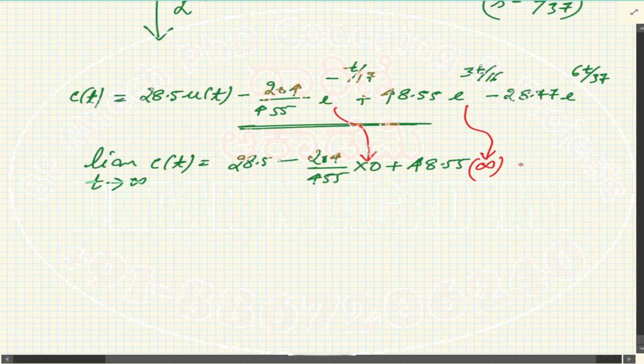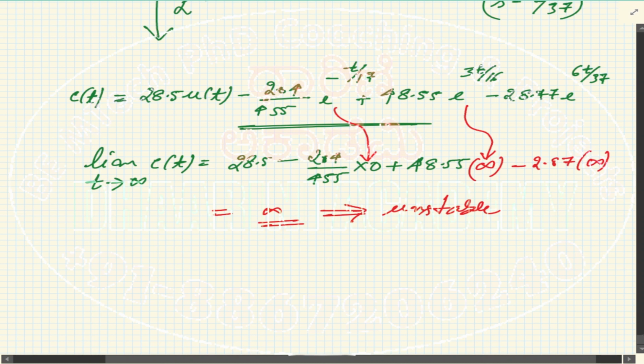It's infinity, right? Minus once again 2 point something times infinity. So whenever you have an infinity getting added to any term, the answer is infinity. So your result says that the system is unstable. Previously we got a finite answer, that's why we declared that system stable.